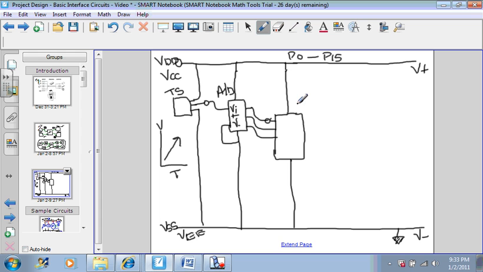These pins are available as inputs or outputs to the microcontroller. So I decided to use the first 3 pins, P0, P1, and P2. And this will be used to operate the analog to digital converter and read the values.